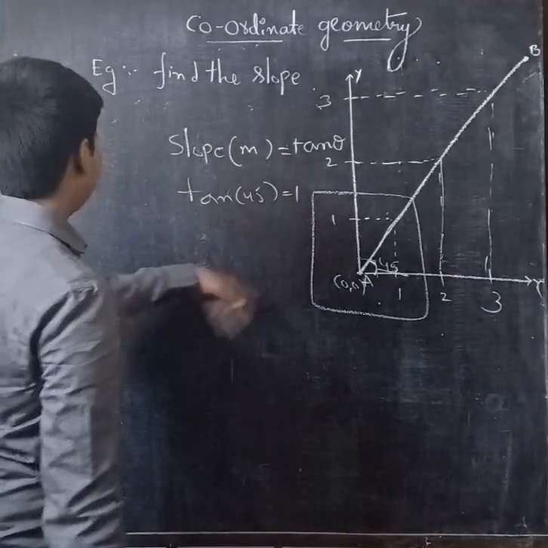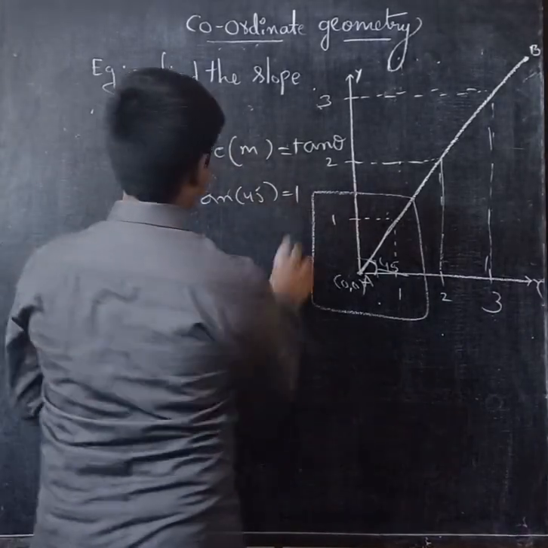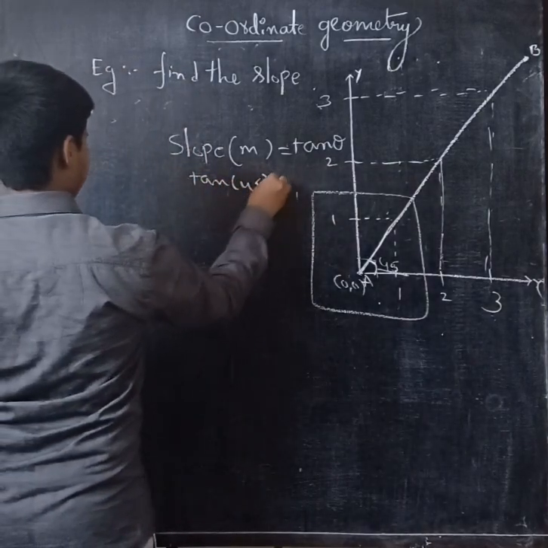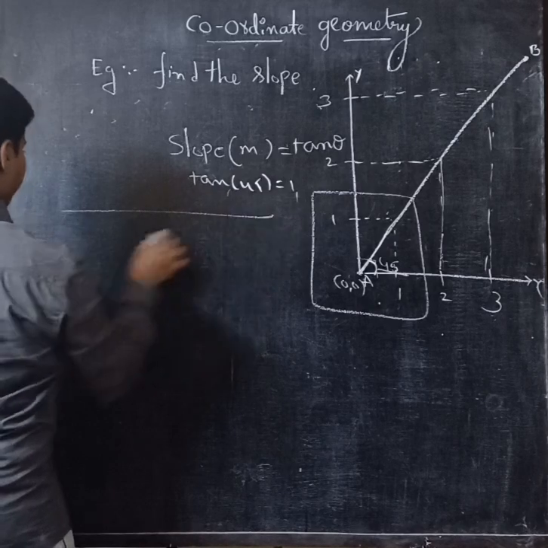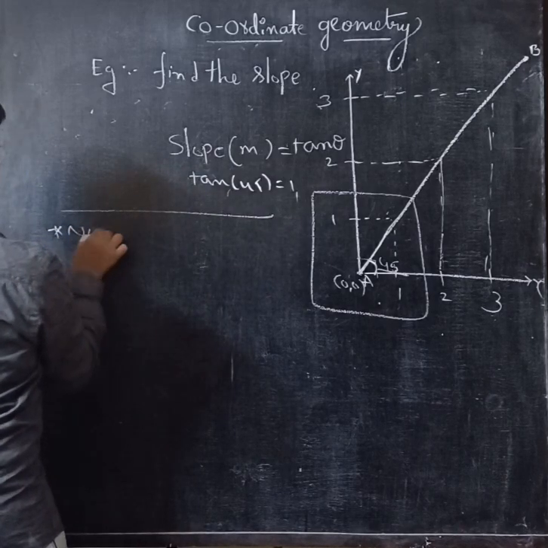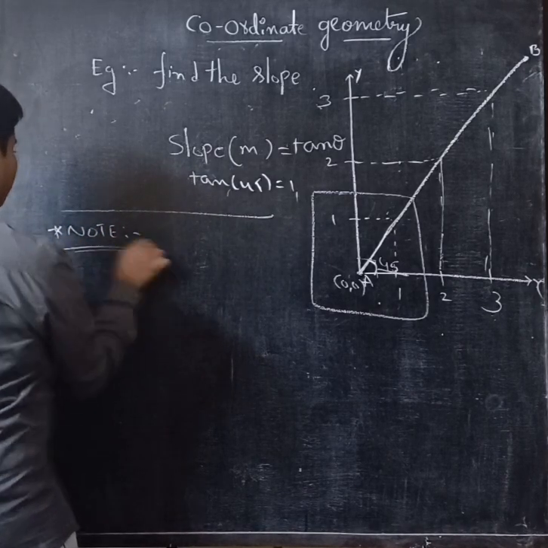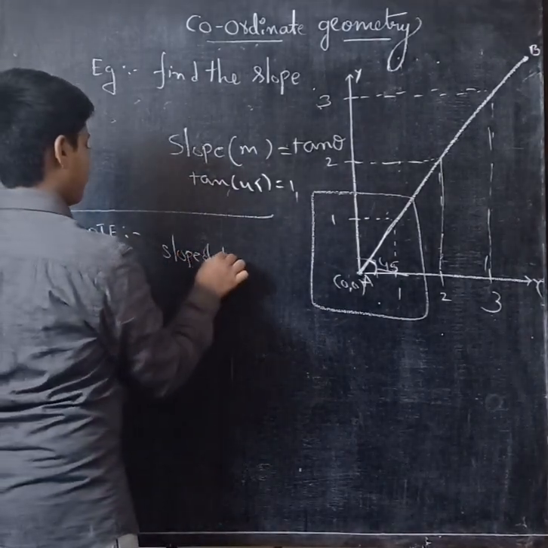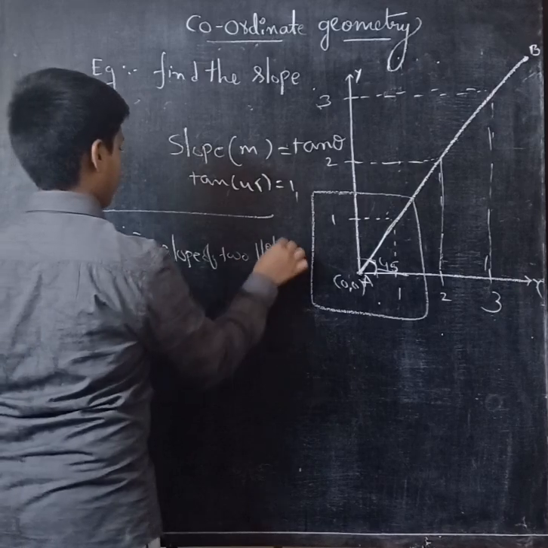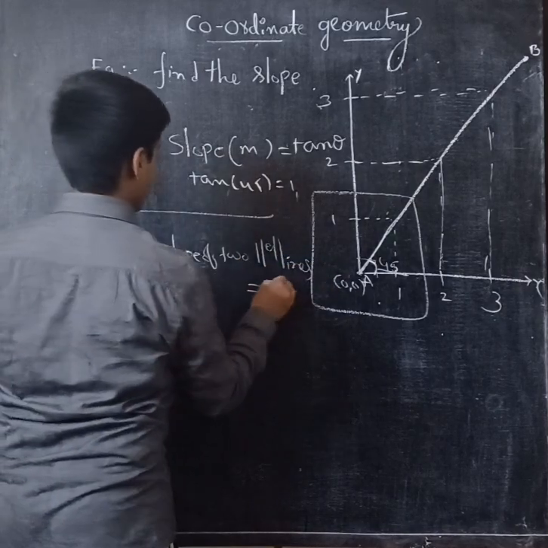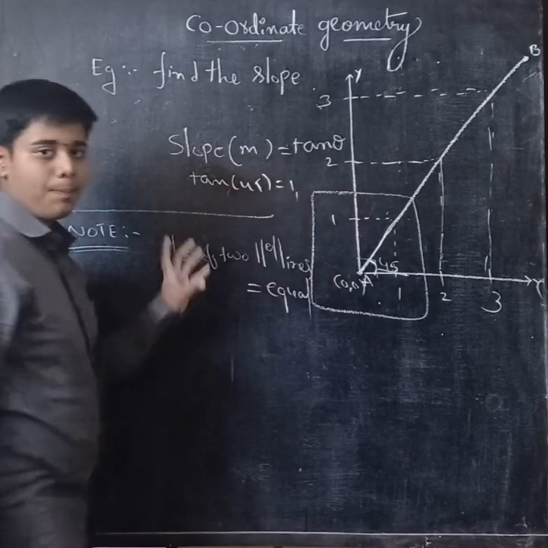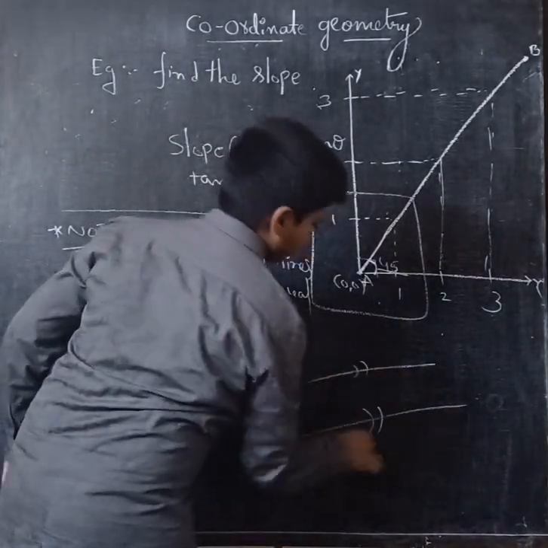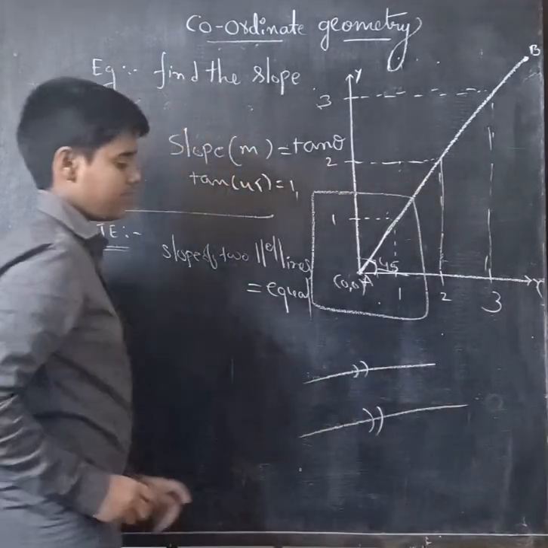Okay, and here is another note point. The slope of two parallel lines is equal, which means if two parallel lines are like this, the slope of this line is equal to the slope of this line.